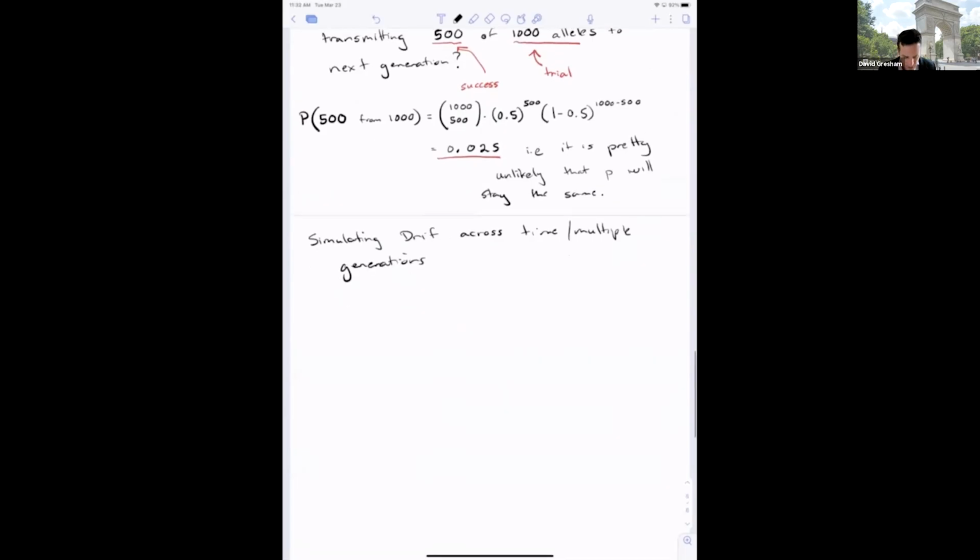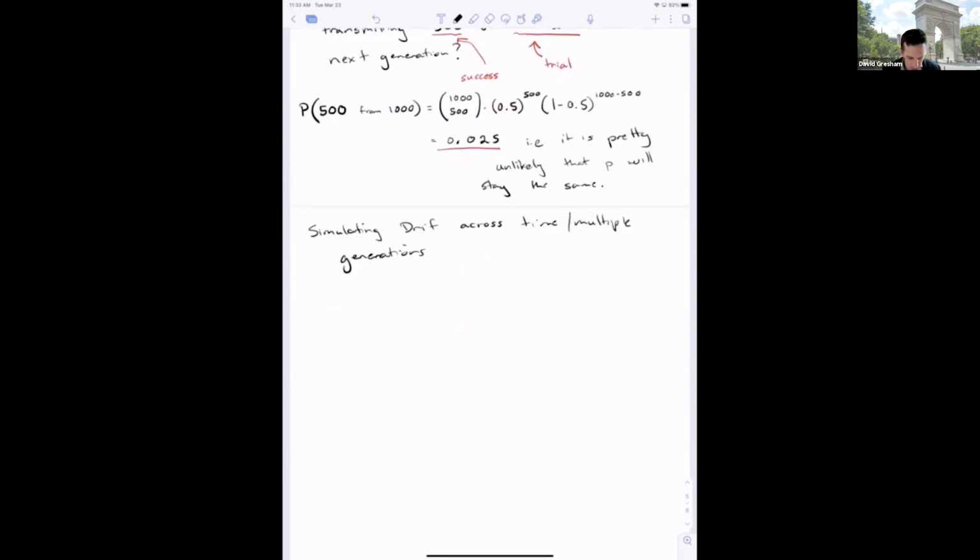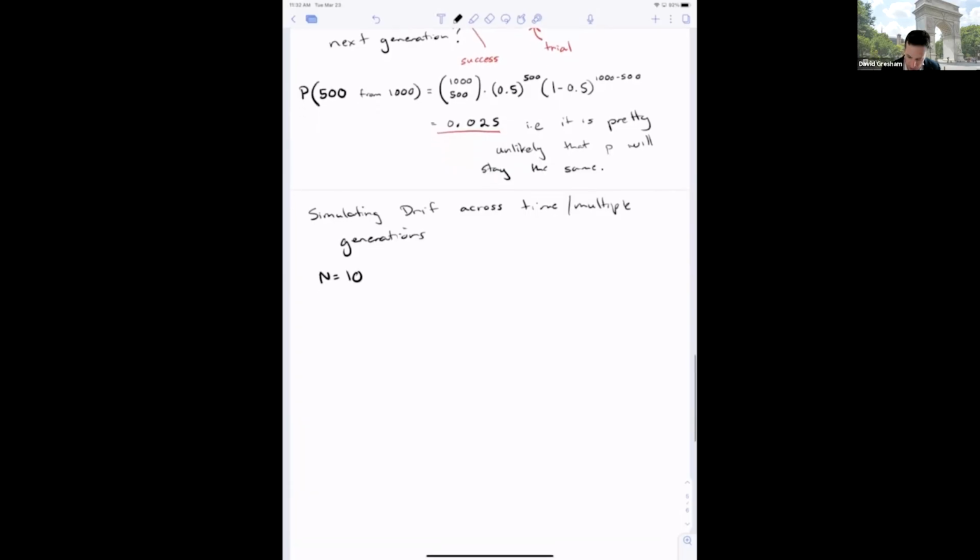I'll do us a favor here. I'm not going to consider such a large population. Let's imagine 1/10 the size, so let's imagine n equals 10, a population size of 10. And at our t0, we can ask, what's the probability that 5 of 10 big A alleles are drawn?